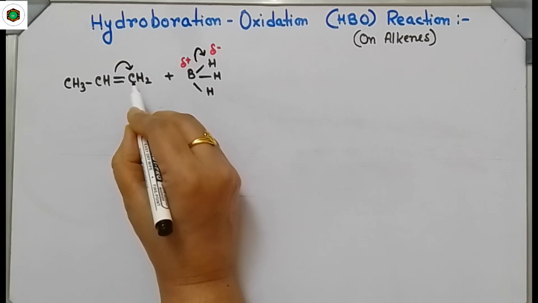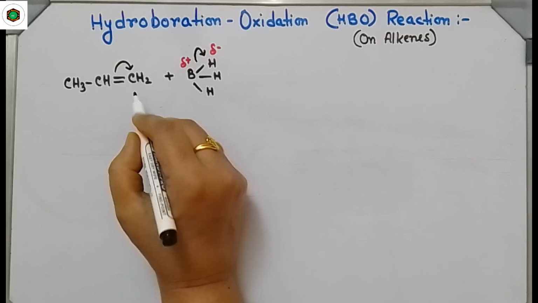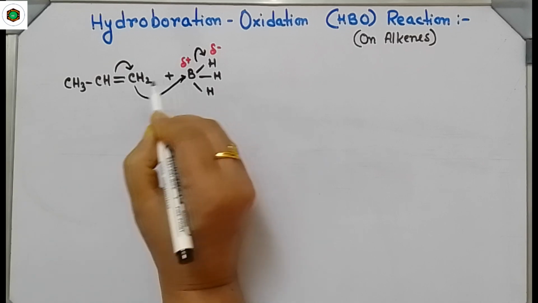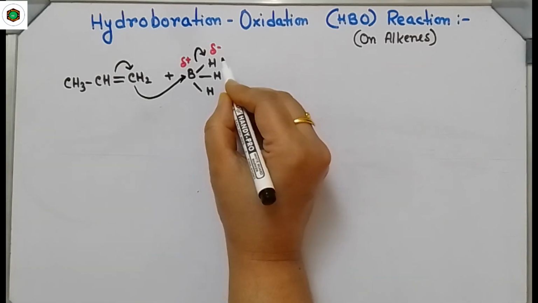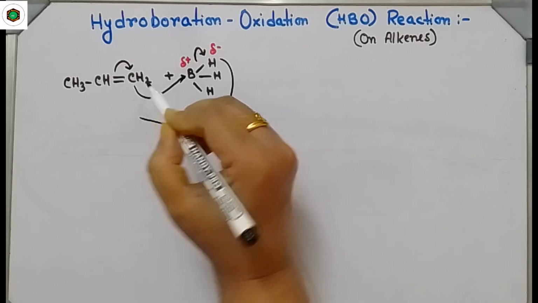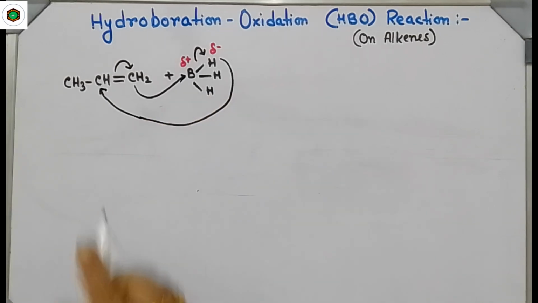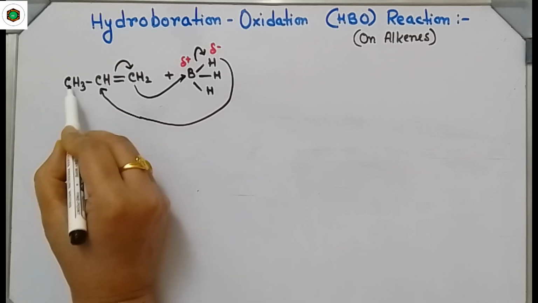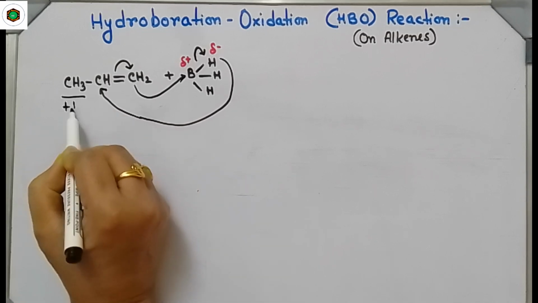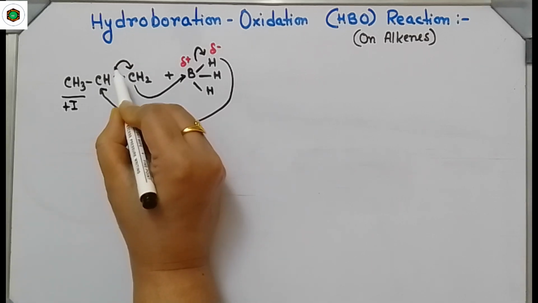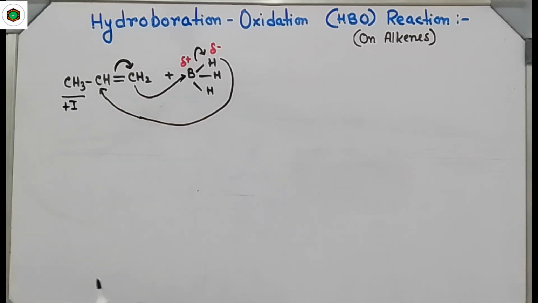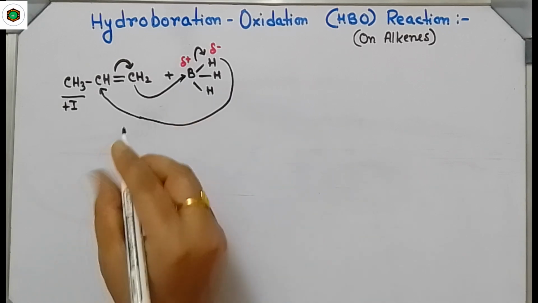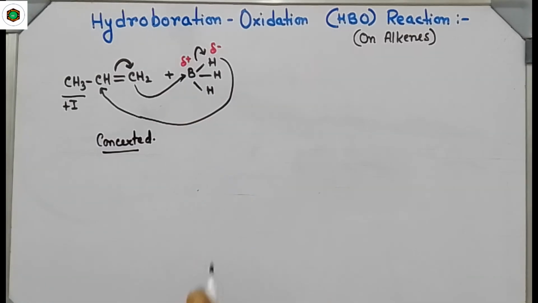So here carbon has a partial negative charge. So it will react with this positive center, and this will attack this carbon because it has a partial positive charge. Since methyl has a plus I effect, bond cleavage you have to show in this direction, and all the bond cleavage takes place in a single step, meaning it is a concerted step.